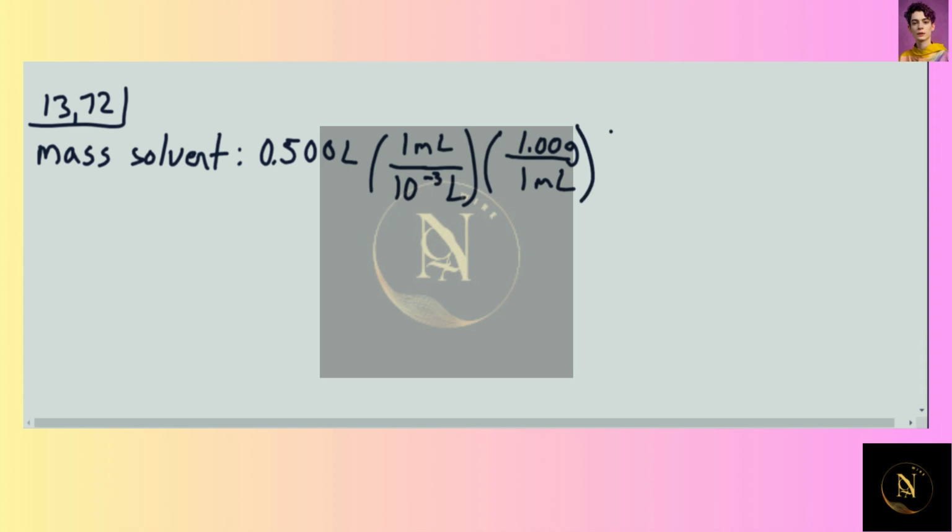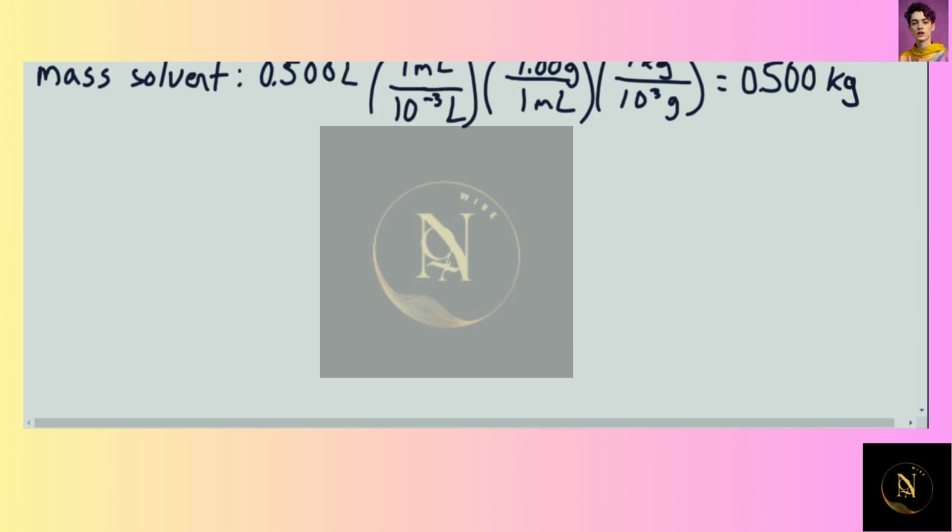And then finally we convert to kilograms because that's what we need for molality. And then we see, perhaps unsurprisingly to some of you, that we have 0.500 kilograms of water. So if the density is 1, then the number of liters will equal the number of kilograms. But it's always best to make sure if you're not completely positive about the conversion.